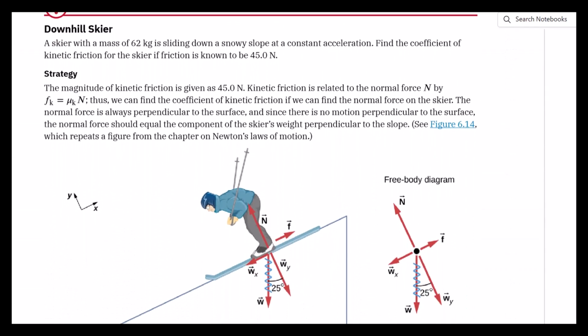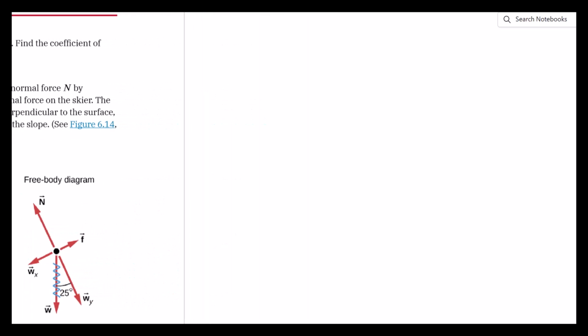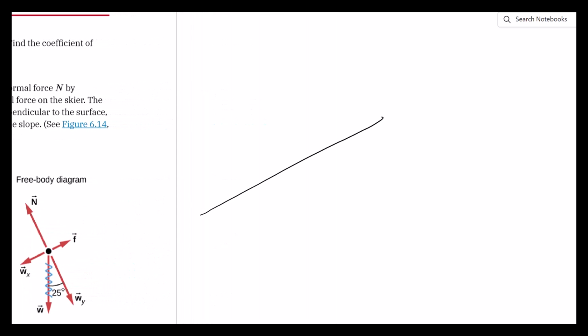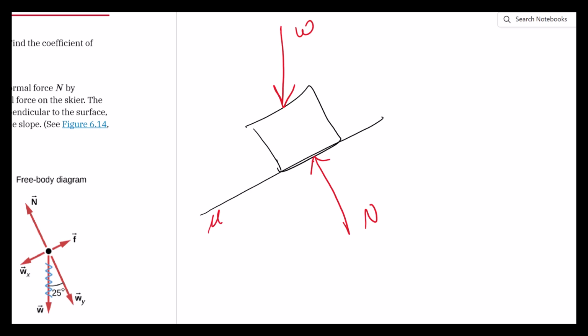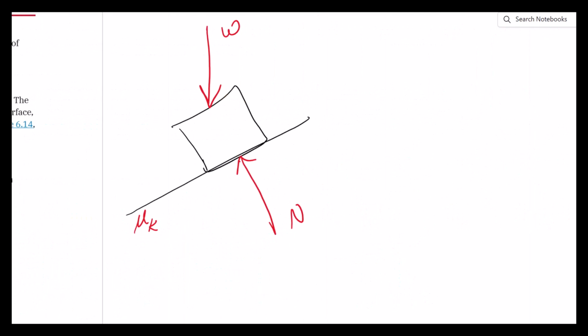Okay, this problem is going to be basically the exact same thing. The idea, like I said before, is that if you've got a mass here, so you've got a weight and your normal force and your coefficient of kinetic friction, or whatever kind of friction they've got going here. Is it kinetic because he's actually moving?